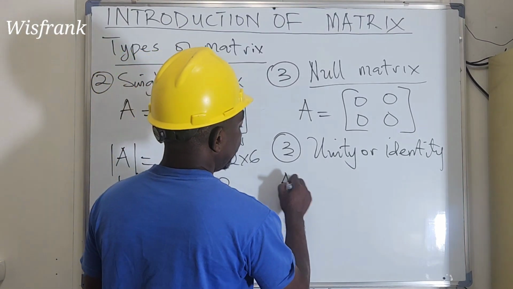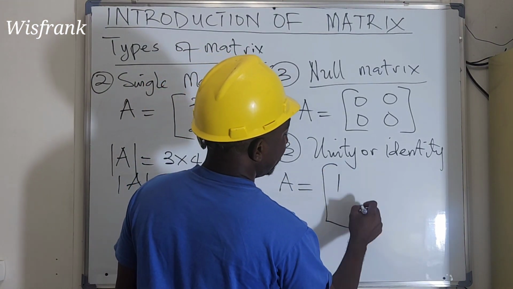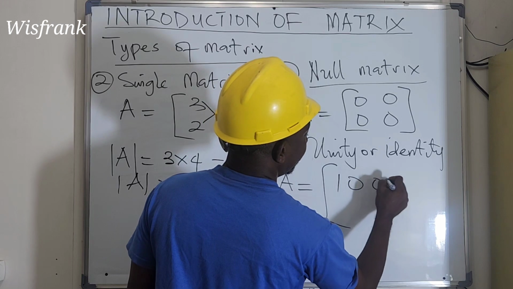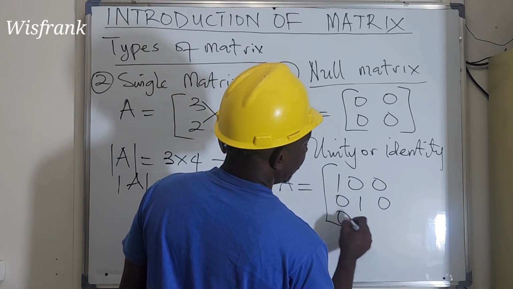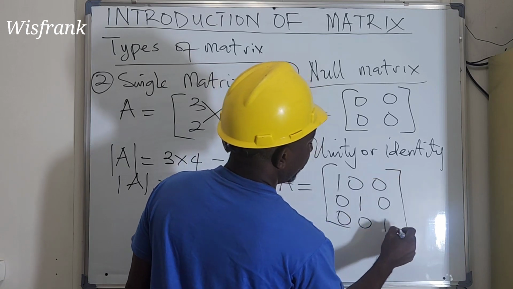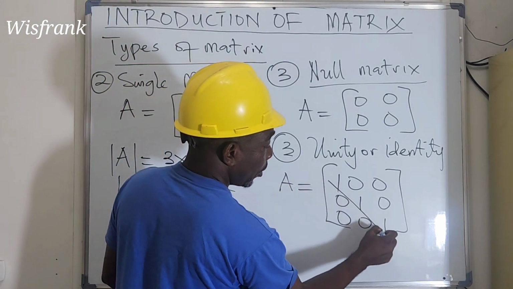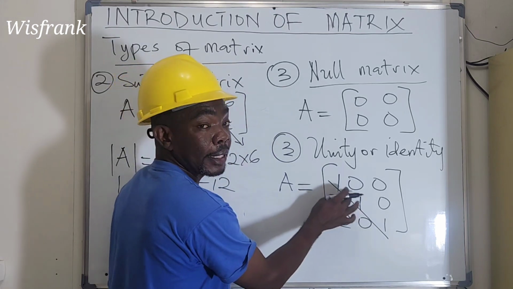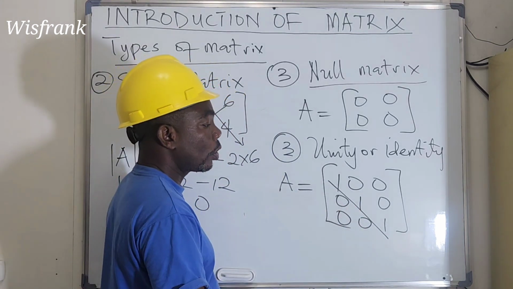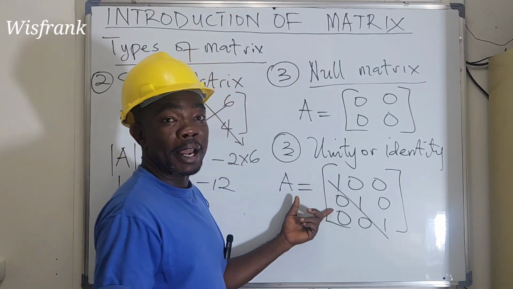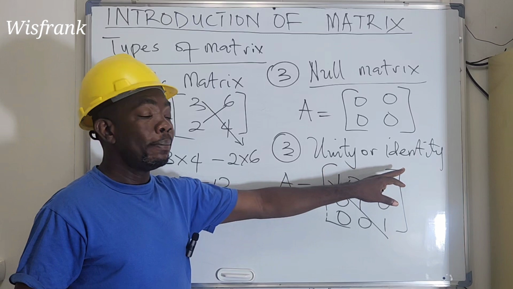Let's say for example, we have a matrix like A, a 3 by 3 matrix: 1, 0, 0, 0, 1, 0, and 0, 0, 1. You see that all the elements in this diagonal are all 1, and the rest of the elements must be equal to 0. So that is why we identify this kind of matrix as a unity or identity matrix.